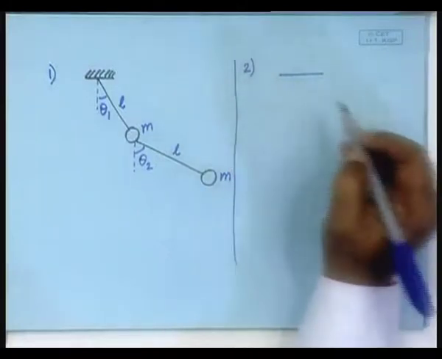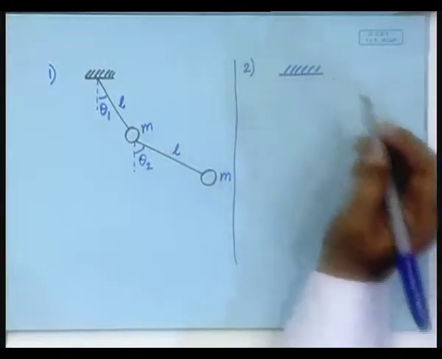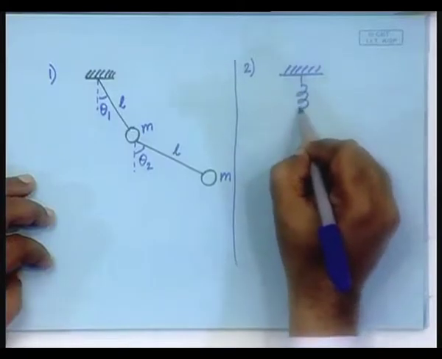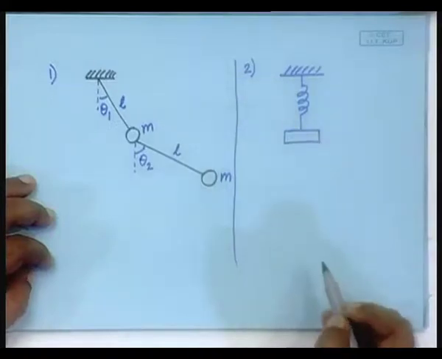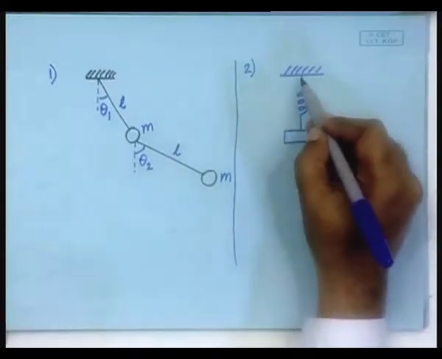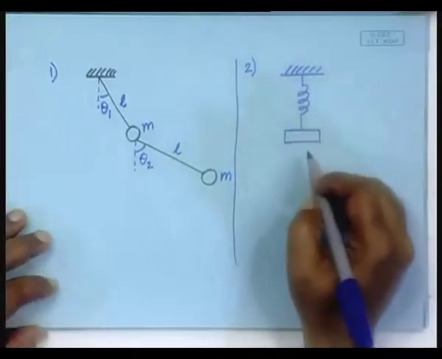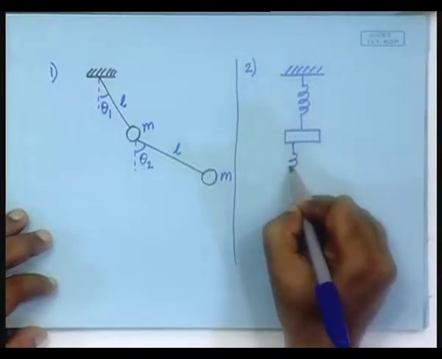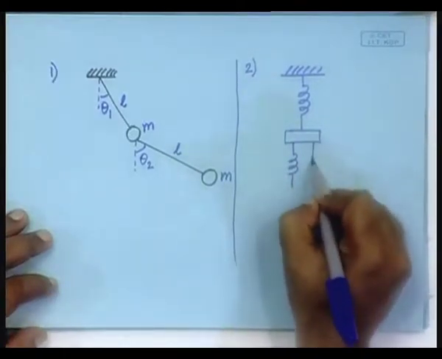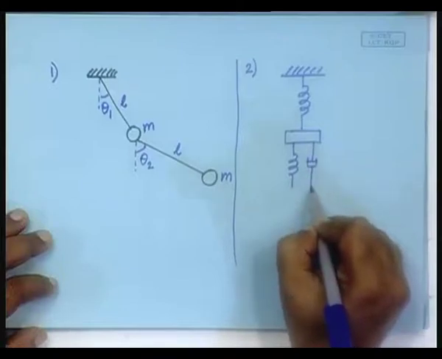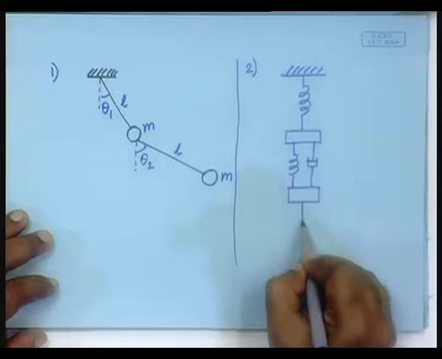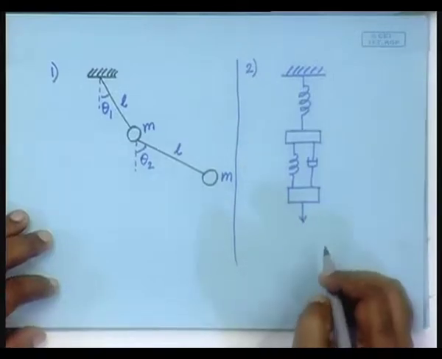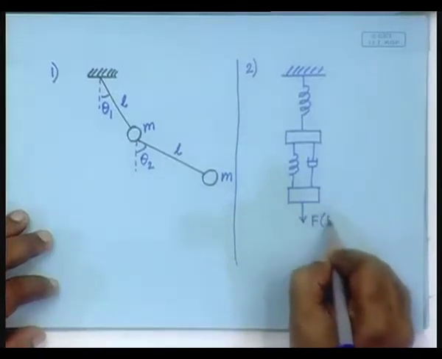Problem number 2, a mass is hanging from the roof by means of a spring, and then here you have a spring and a damper connected to another mass, and this mass is being pulled downwards with the force F of t.